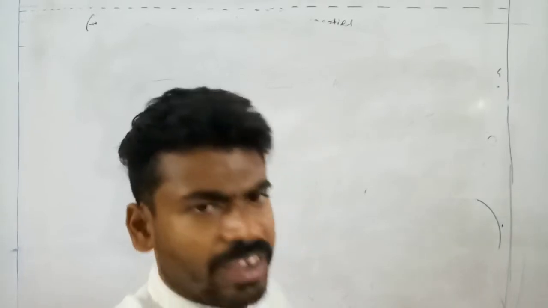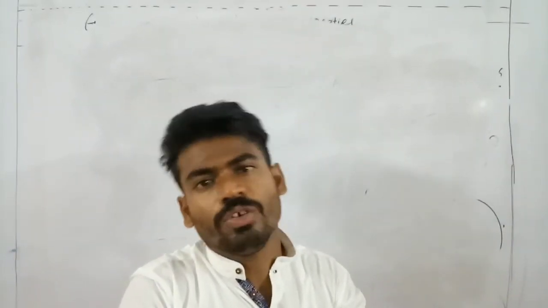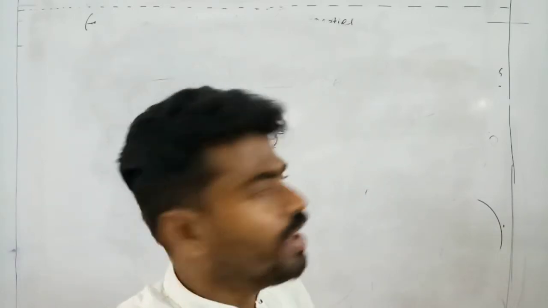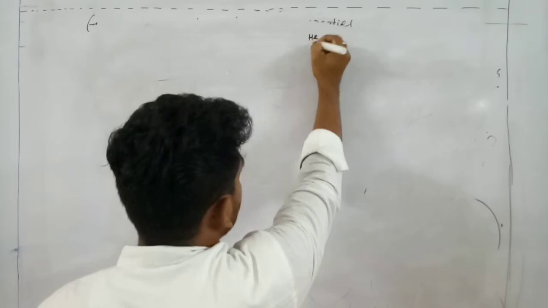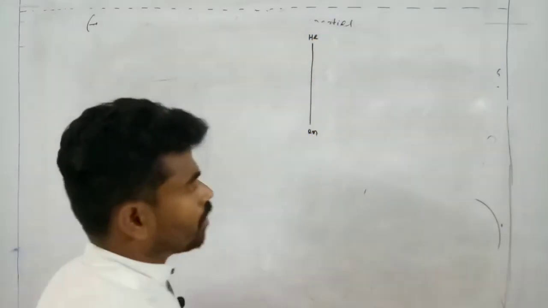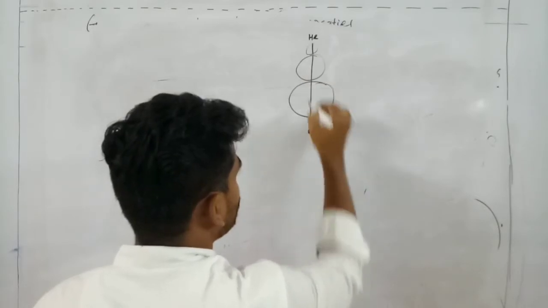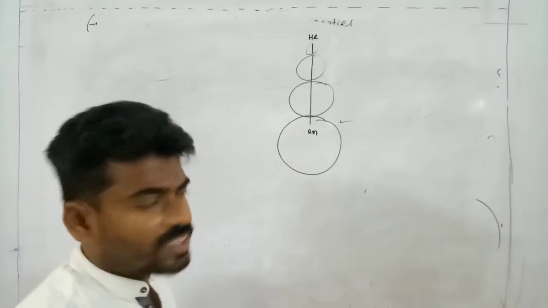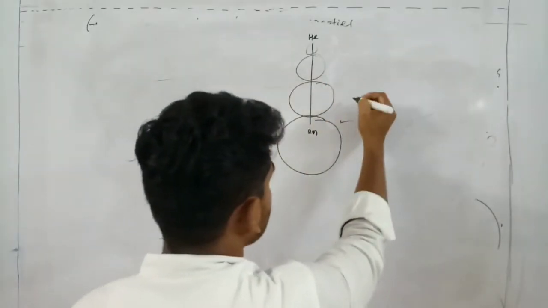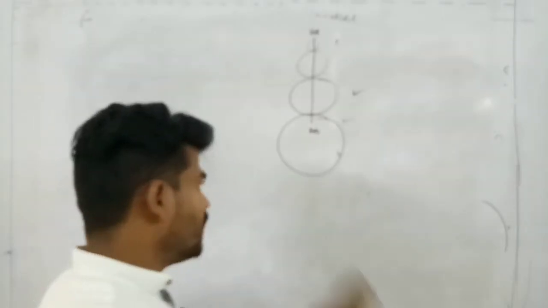So it is very difficult to condense the gas molecules to convert them into liquid. However, whenever you move from top to bottom, from helium to radon, atomic radii go on increasing. So due to increase in atomic radii, van der Waals force also increases, so liquefaction becomes easier from top to bottom.